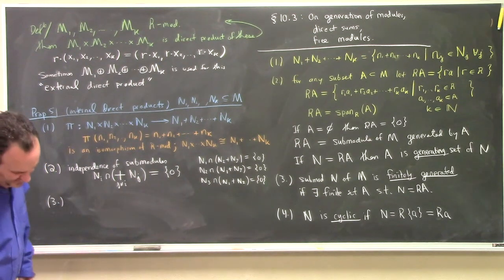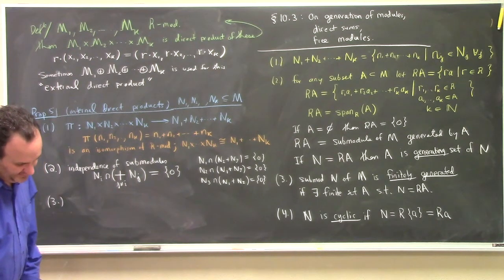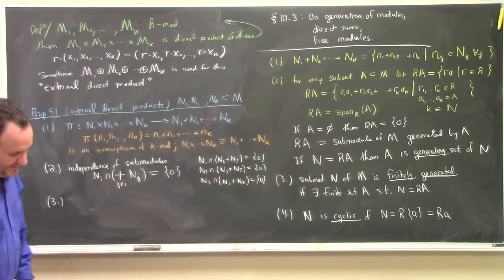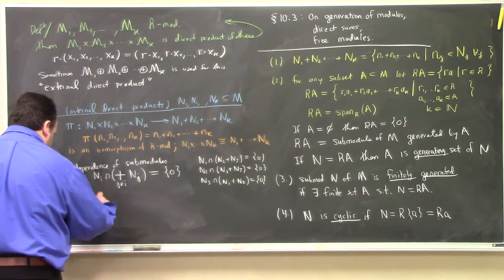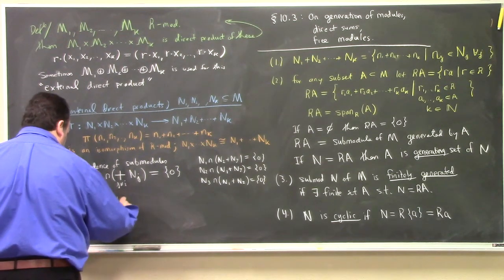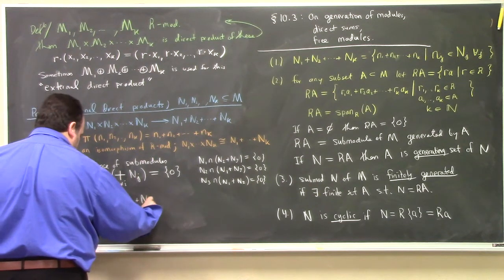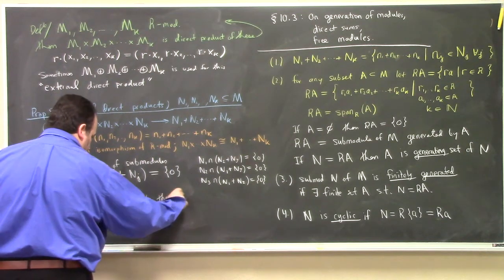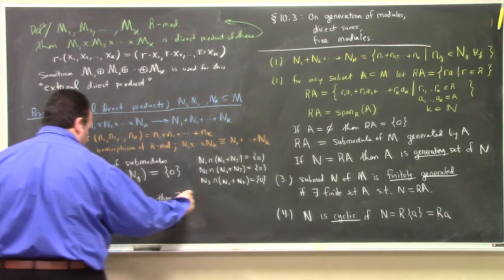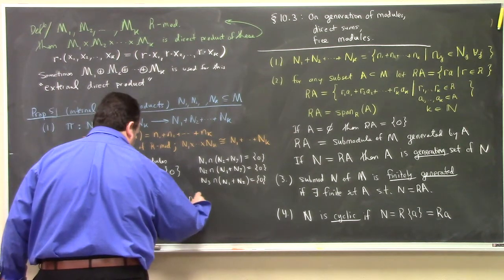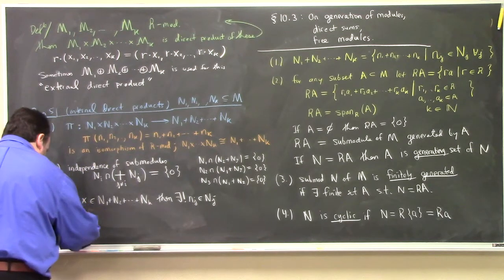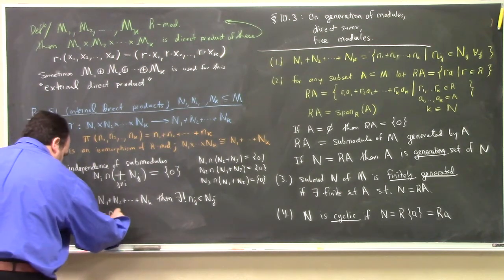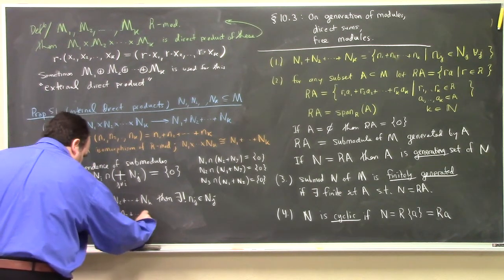And then 3, and this is, I think, a nice one, is uniqueness of representation. If X is an element of the sum of these subspaces, then there exist unique n_j in N_j such that X is equal to n1 plus n2 plus up to nk.